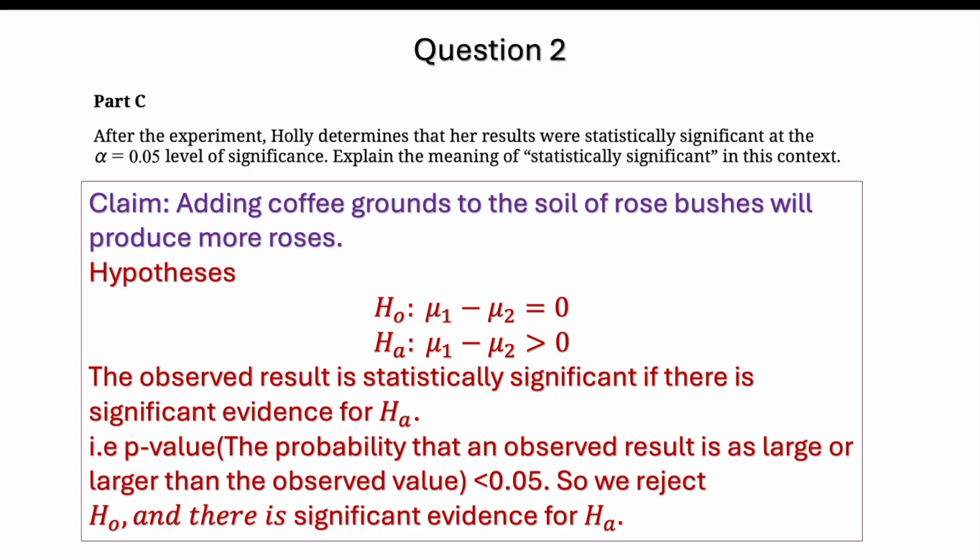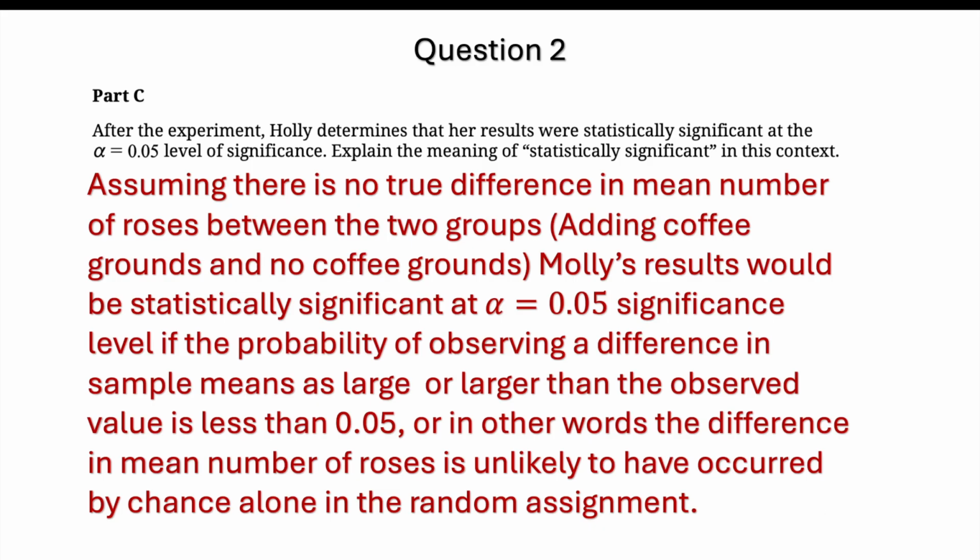And if we put all that into words, here we are basically interpreting the p-value. Assuming there is no true difference in the mean number of roses between the two groups, that means the group where coffee grounds were added to the soil and the group where no coffee grounds were added, Holly's results would be statistically significant at the alpha equals 0.05 significance level if the probability of observing a difference in sample means as large or larger than the observed value is less than 0.05.